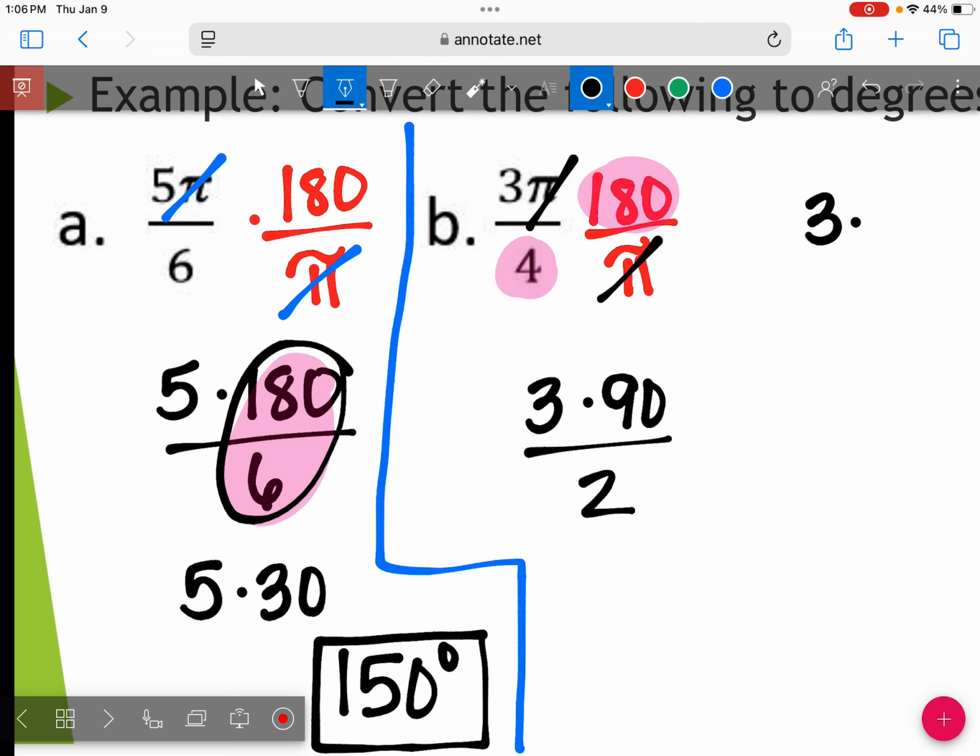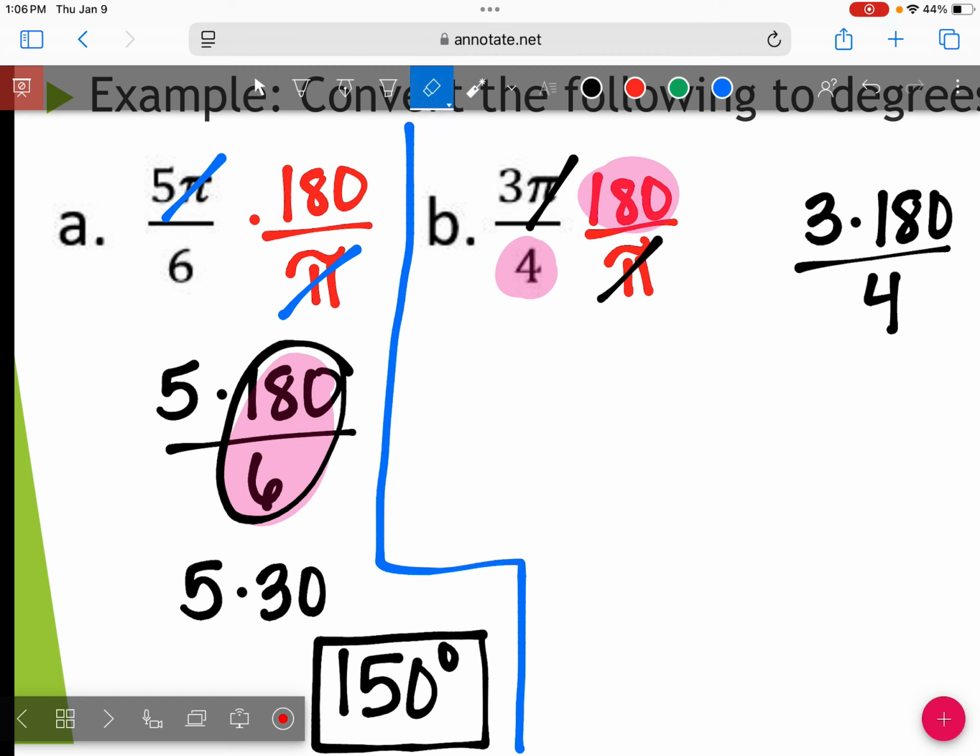They said they would rather just keep it 3 times 180 and divide it by 4. You get the same answer either way. So there is no shortcut. Either way, you've got to do both. So which way do you want me to work through? Do you want me to work through this one? Or how many of you would do this? Would anybody do this? No? Okay, well, let's not do it.